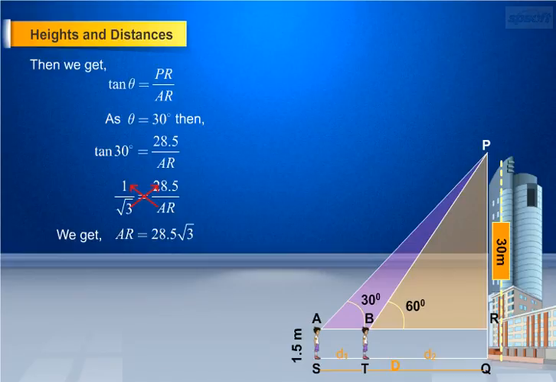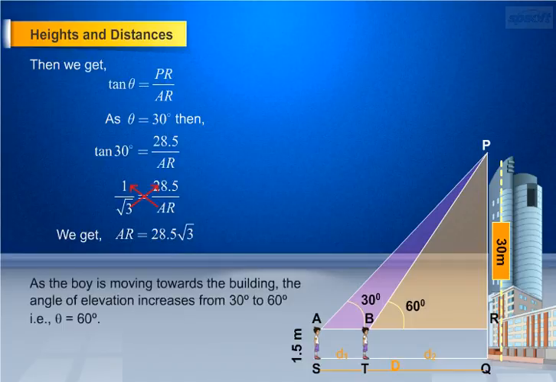As the boy is moving towards the building, the angle of elevation increases from 30 degrees to 60 degrees. That is, theta equals 60 degrees. In right triangle PRB, we have PR equals 28.5 and theta equals 60 degrees, and we need to find RB.